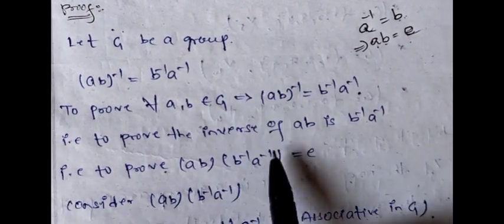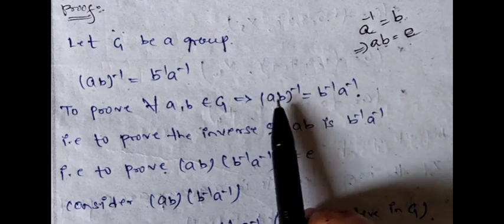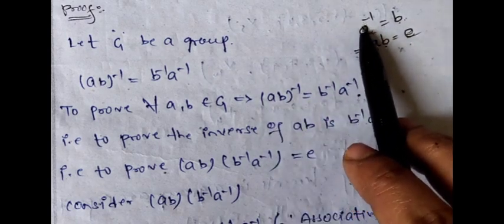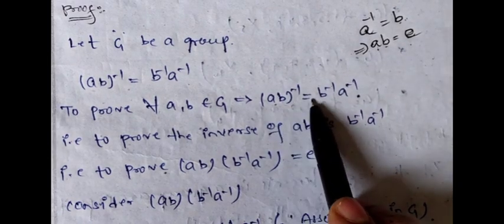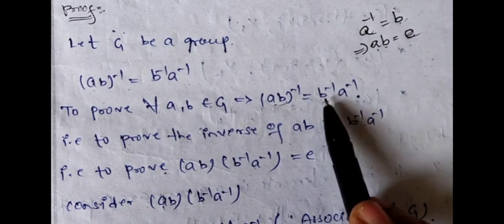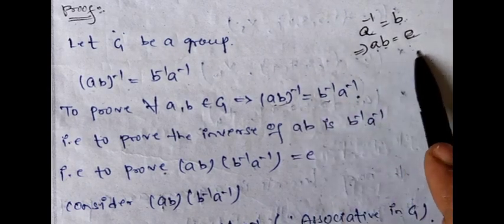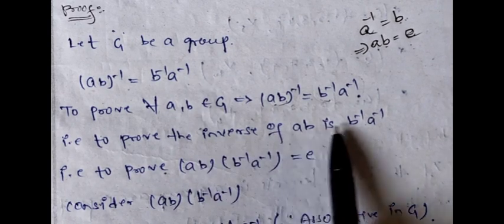Here we need to prove the inverse of AB is B inverse into A inverse. Like the inverse of A equals B means A into B equals E, in the same way, the inverse of AB equals this value means AB into this value equals the identity element. So in words we can write the inverse of AB is this.